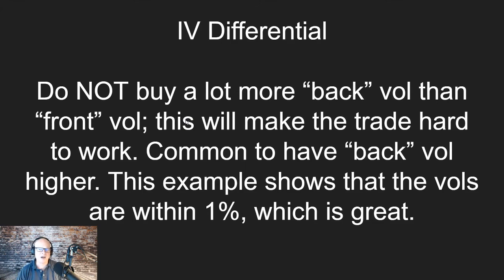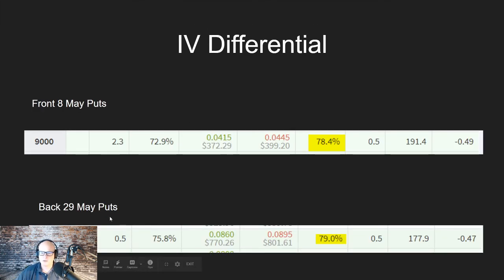Do not buy a whole lot more back volatility than front volatility. You'll put yourself in kind of a bad position. You won't get very much room to work with, and this is going to make the trade hard to work. It's common to have more back volatility than front volatility. So it's very common to see your back trade have a higher value than the front trade, because it's got more time to do something with.